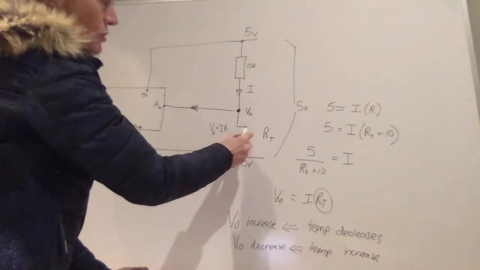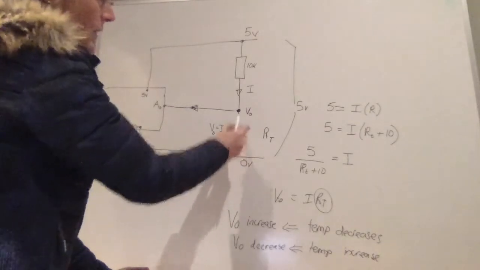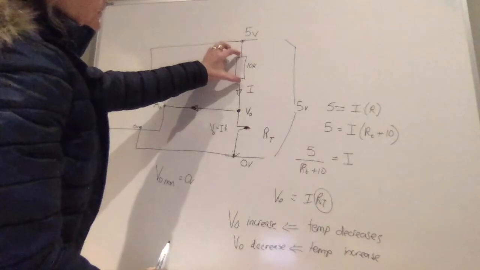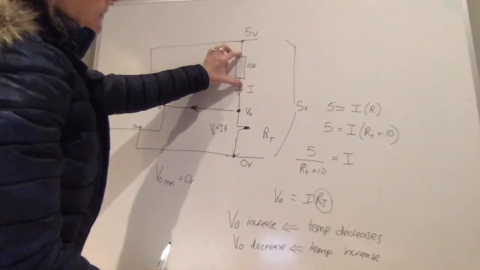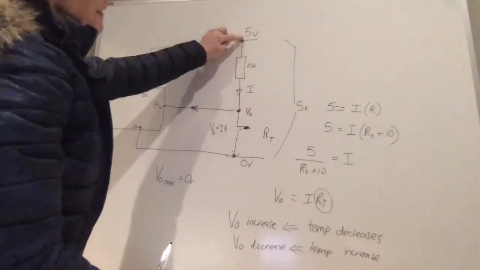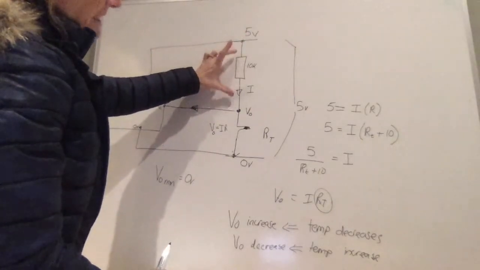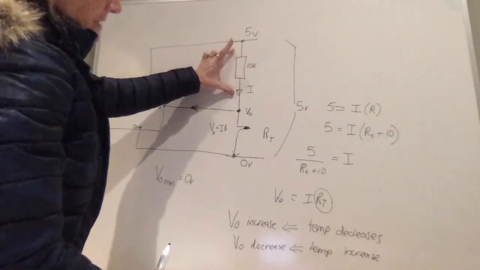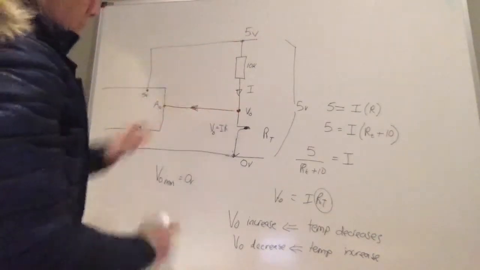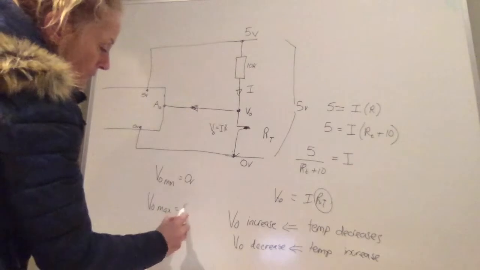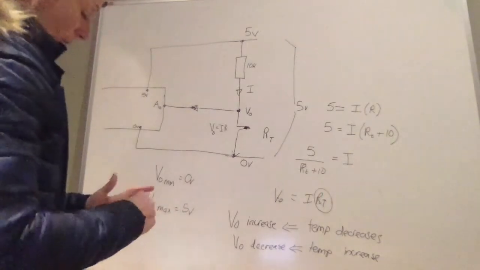And if pretty much no current will flow, you get very little voltage between here and here, which means your output will be the same as your 5 volts, because there's very little difference in voltage across this resistor. So V out max is 5 volts. Now that's important for the next bit, okay?